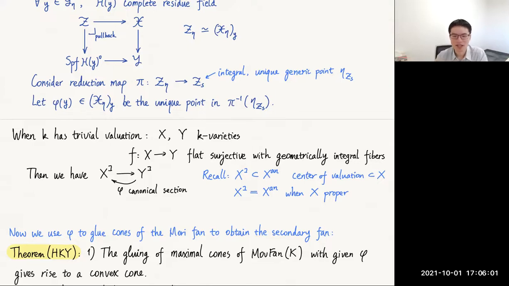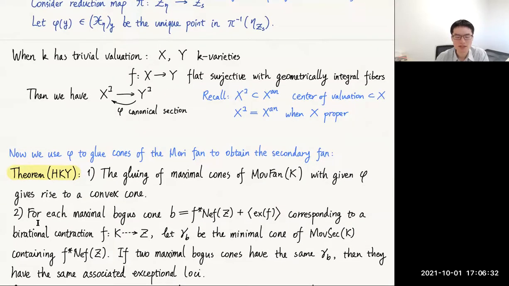We can show that if we use this phi to glue cones, we actually get a convex cone. So with fixed phi, when we glue these cones, we get a convex cone. This is for the moving part of the Mori fan, which is the simpler part. Next, we show that it also induces a gluing outside this moving part.